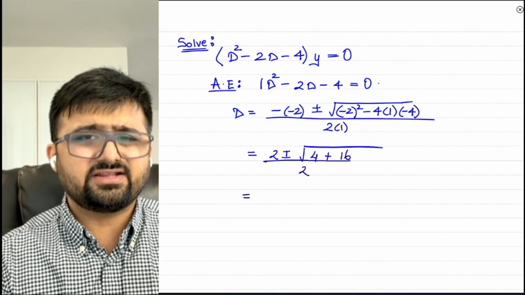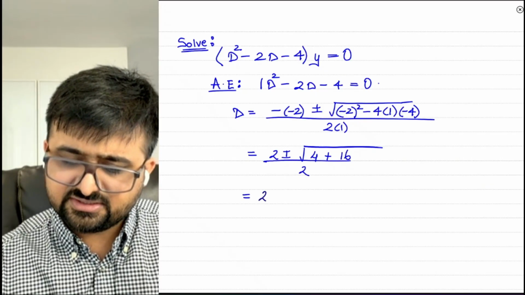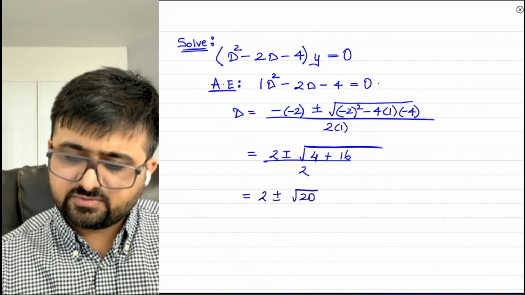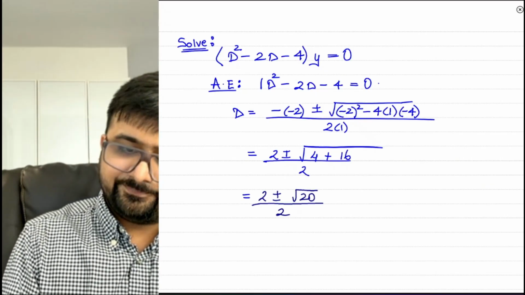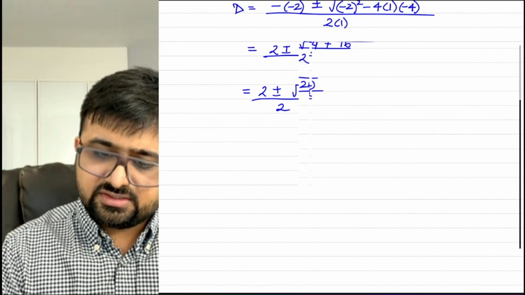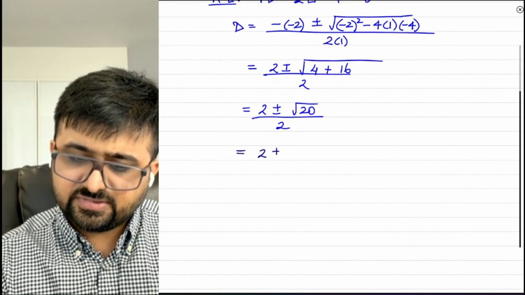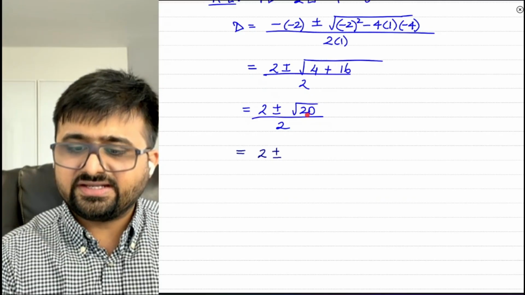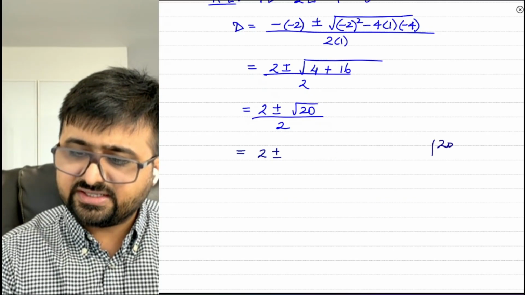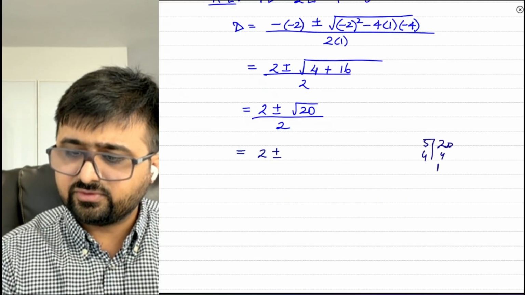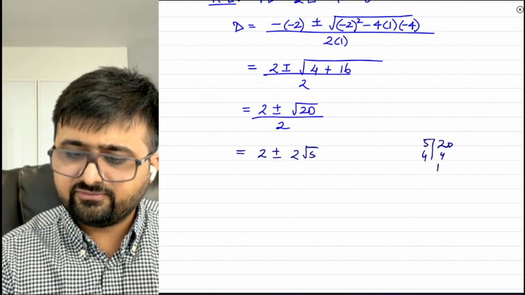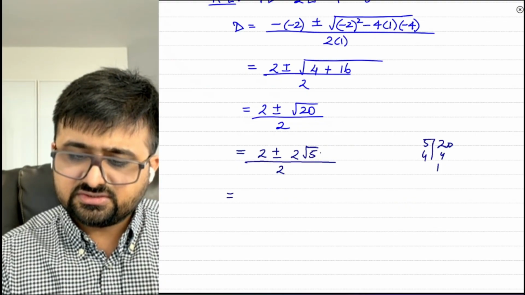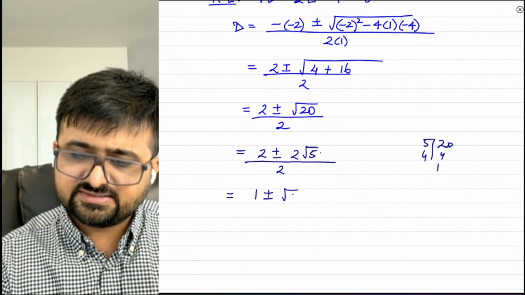You can also use a calculator to find this in your exams. So you have 2 plus minus square root of 20 divided by 2, which is equal to 2 plus minus, and root 20 can be written as 20 is 5 times 4, so this is 2 root 5. Divided by 2, this will become 1 plus minus square root of 5.